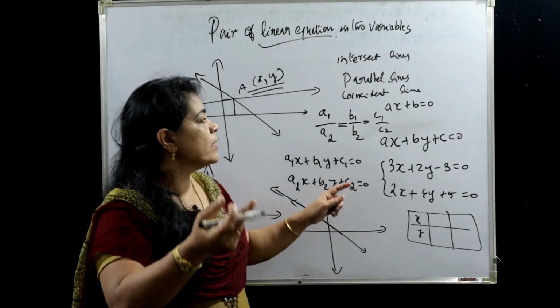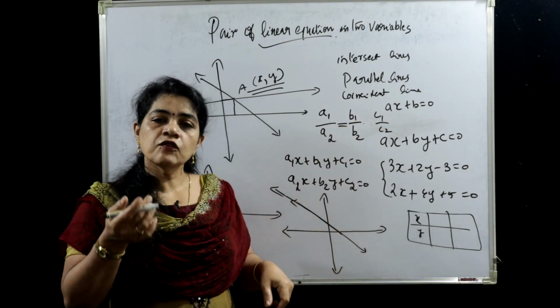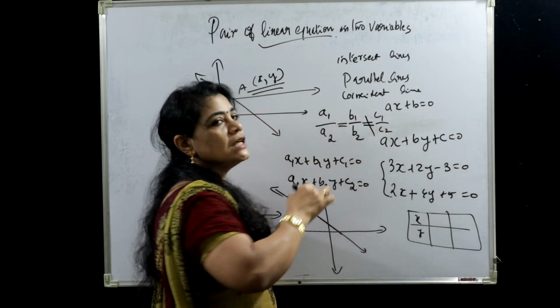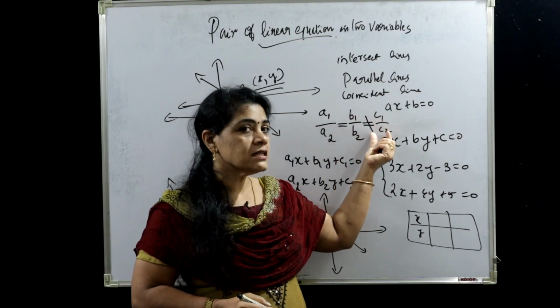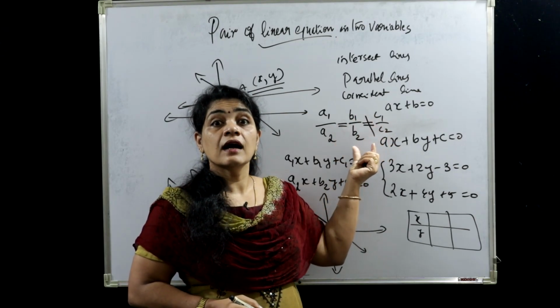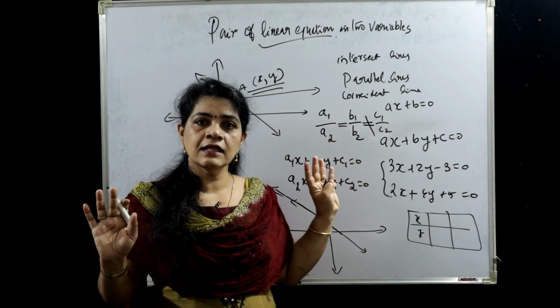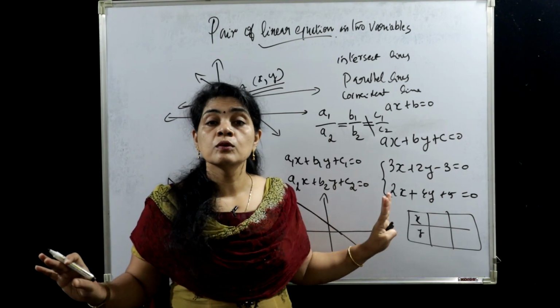In that case you have to find the third ratio, c1 by c2. If the first two ratios are the same and the last ratio is different, then without plotting the graph, you can easily say that their graph will be parallel lines. That means no solution.